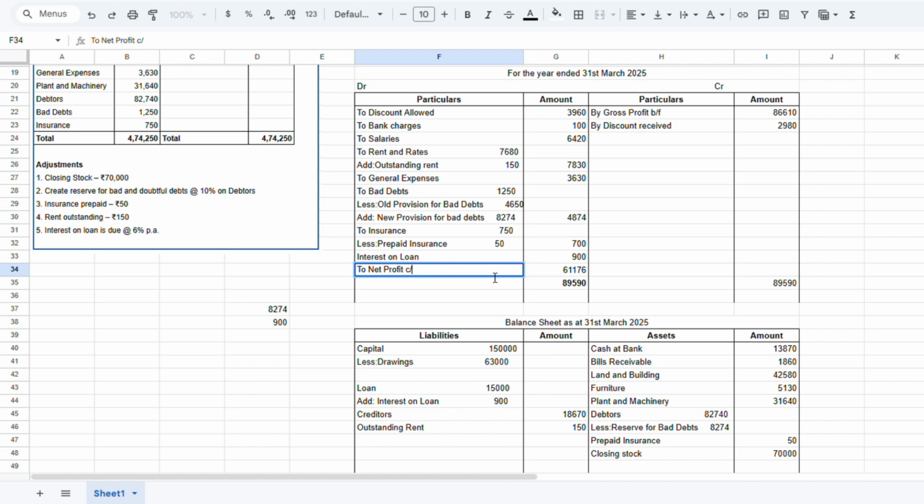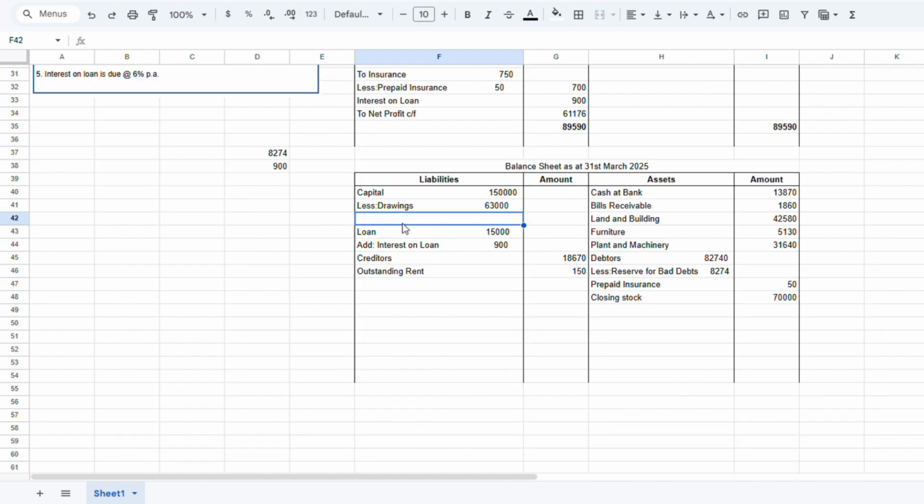Net profit, we will add it to capital. Add net profit, that is 61,176. So 1,50,000 less drawings 63,000.